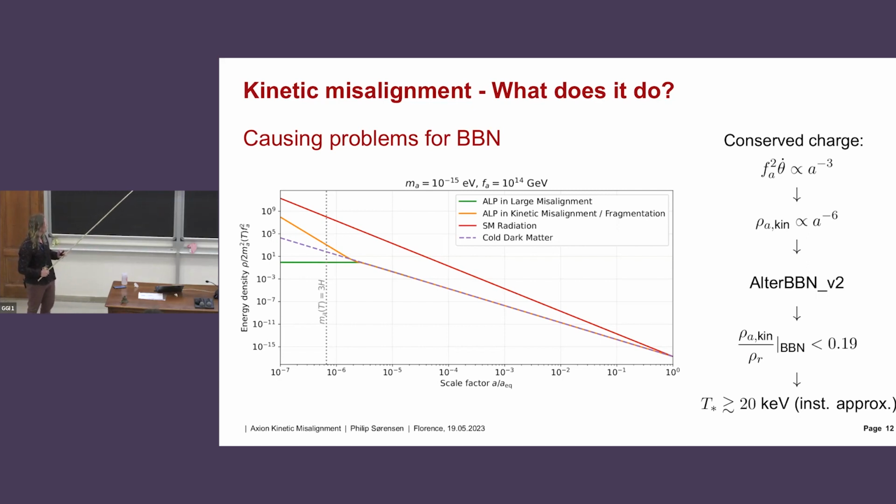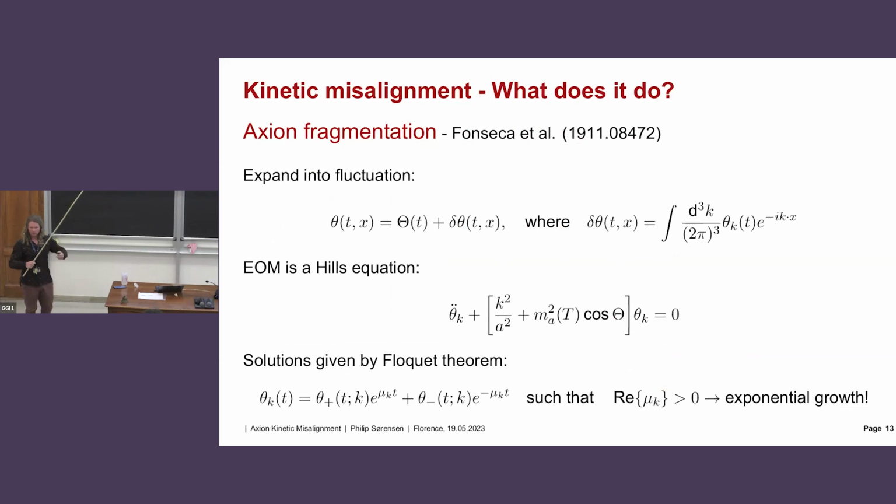Another interesting effect that happens as you begin to postpone more and more is axion fragmentation. This was studied by some postdocs at DESY when I arrived there. It's really a phenomenon in the fluctuations. To see this, you just expand the angular mode in higher modes.